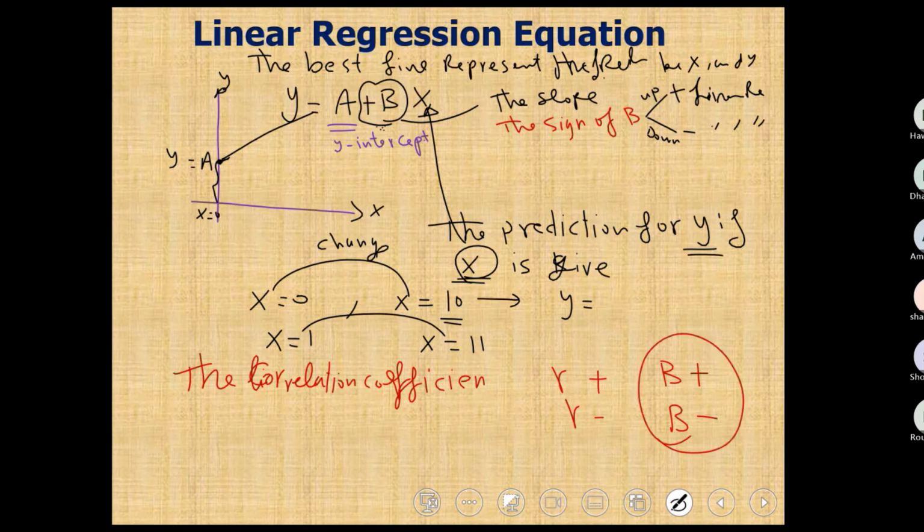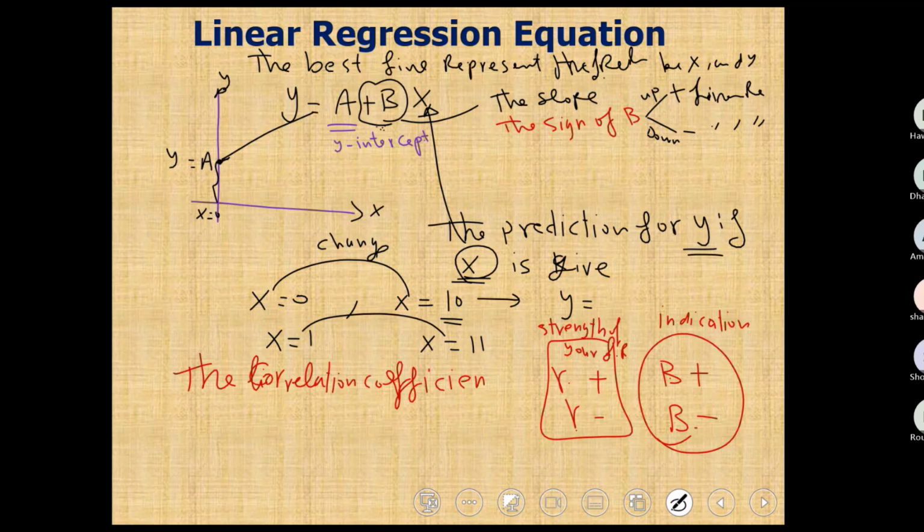B is just an indication of the relation, positive or negative. R gives indication and strength. They give you the strength of your linear relation. Okay, so B positive, R positive, B negative, R negative, right?